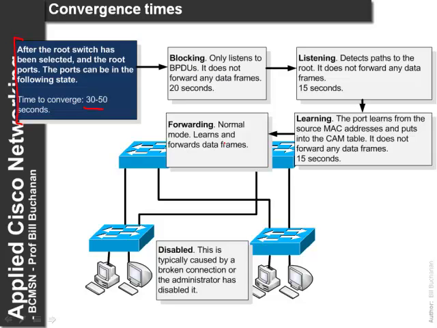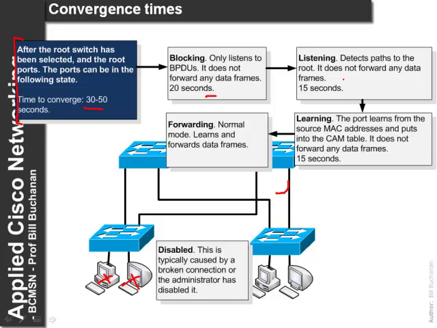The first phase is basically a lockdown for the network, where all the ports go into a blocking phase and they do not listen to any data frames. So no traffic can flow in the network while this happens, and the ports only listen to the BPDUs. It typically takes about 20 seconds.